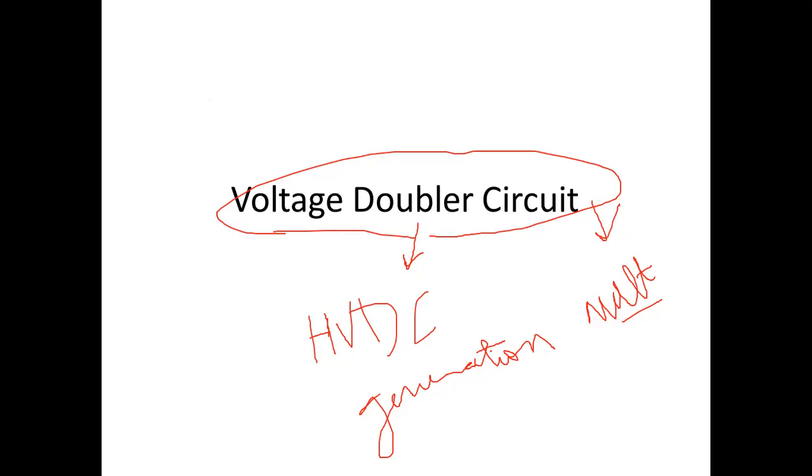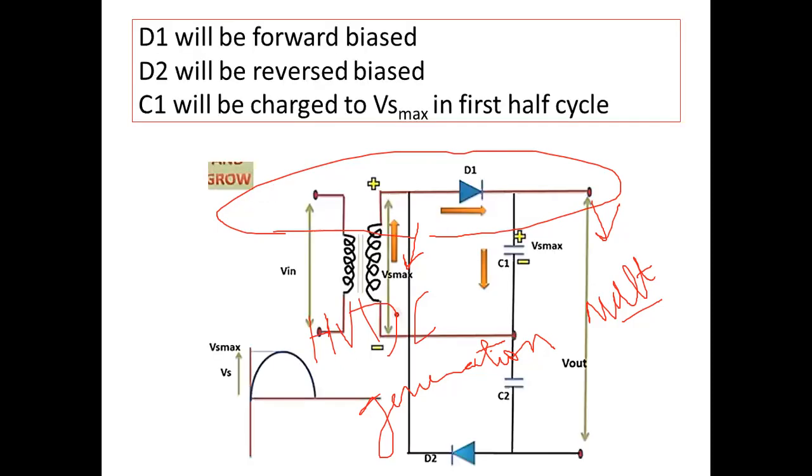So the phenomenon is the same, the mechanism is the same. There are two types of voltage doubler circuit. This may be formed with the half wave rectifier and with the full wave rectifier. So we will explain it through the full wave rectifier.